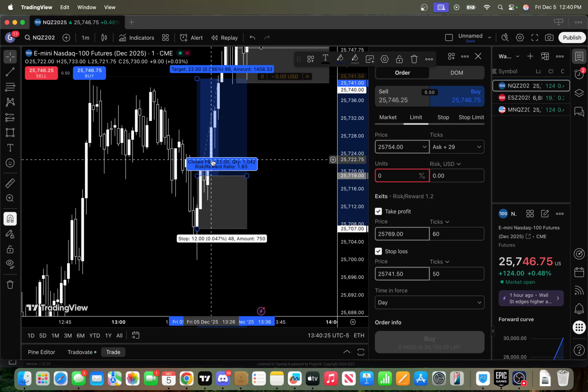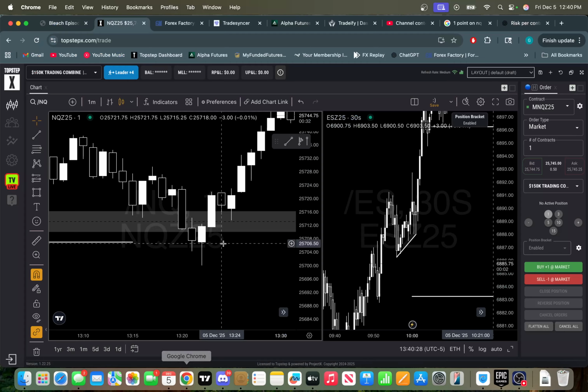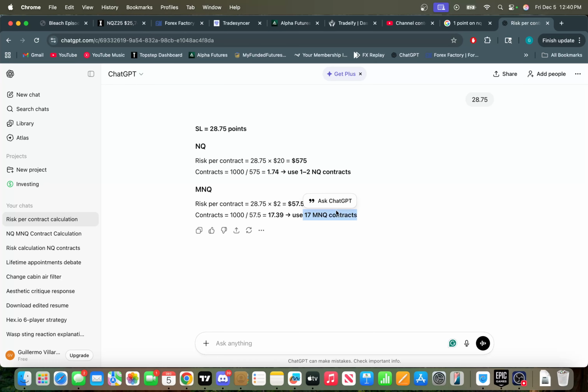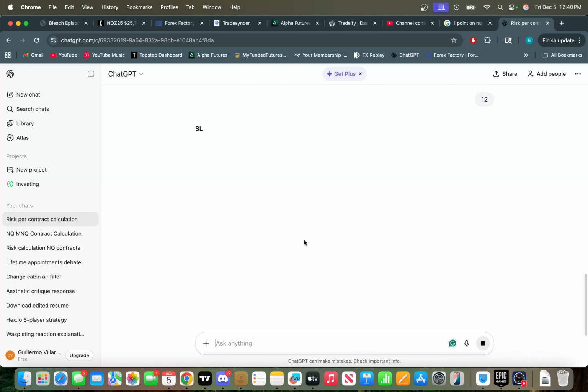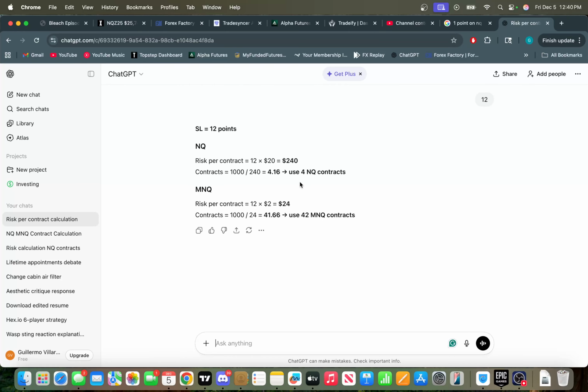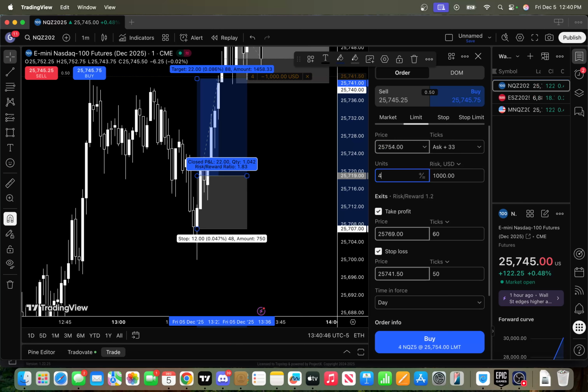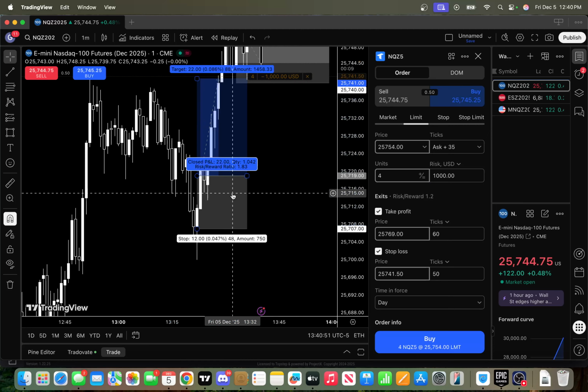And I'd be like, okay, I'm just going to have it a minute before 12, right? 12 was the stop loss. Yeah, 12. So I'm going to put in 12. So I can use 4 NQ for this long here to risk 1,000. So let's put 4, and that's to risk 1,000 there, or sorry, on here.